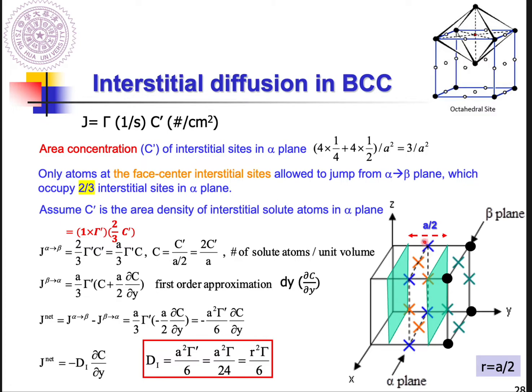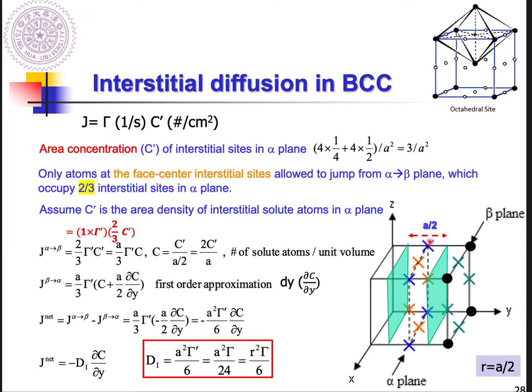The atoms at the blue corner sites, can these atoms make a successful jump to the beta plane? No, because this is BCC, so there's definitely an atom located at the corner of this unit cell, right?